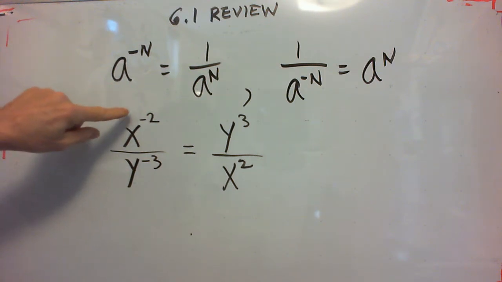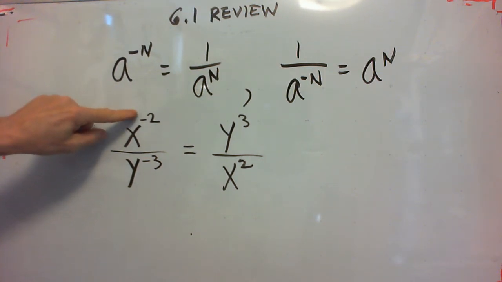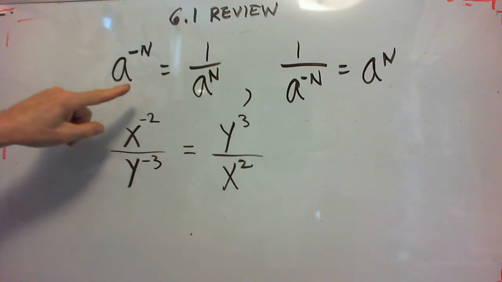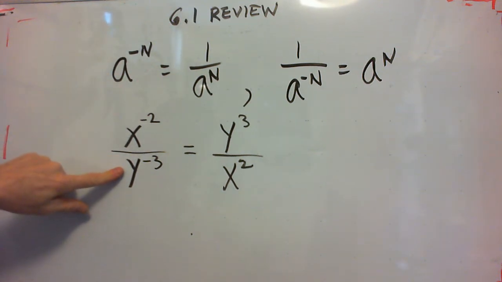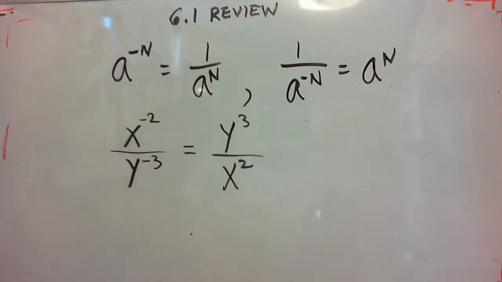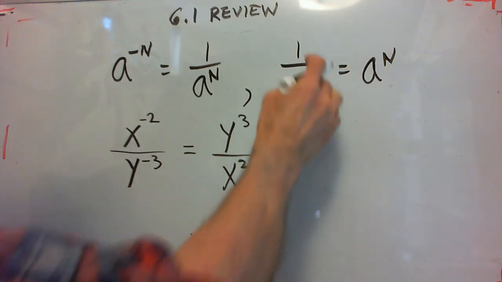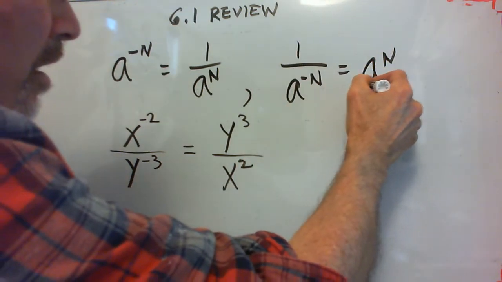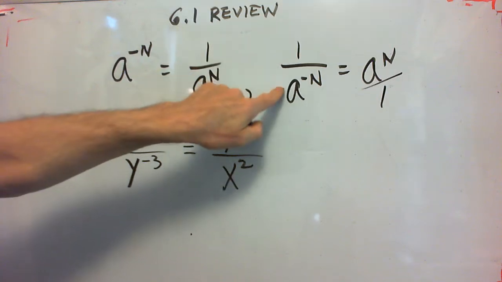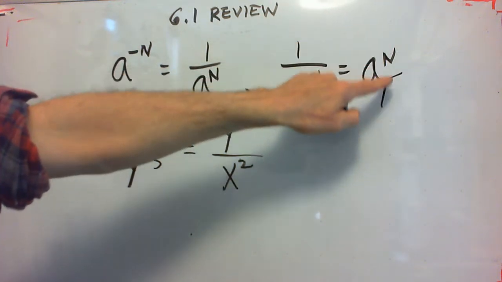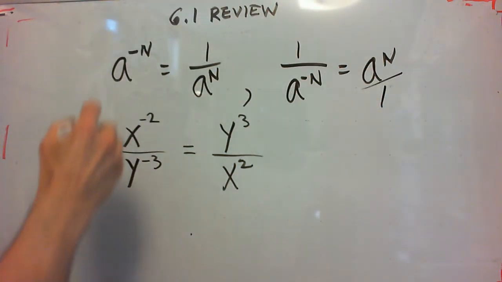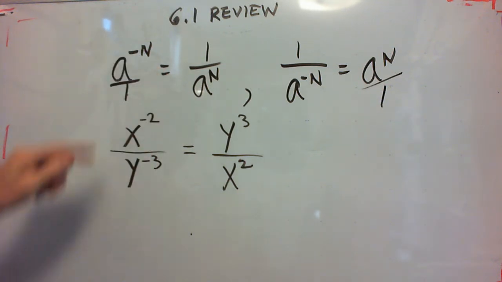What that means is if you have a negative exponent, you end up moving that power to the other side of the fraction bar, if there is a fraction bar. Now for this example here, we could write 1 over a to the negative n as a to the positive n over 1. And likewise, a to the negative n over 1 is 1 over a to the positive n.